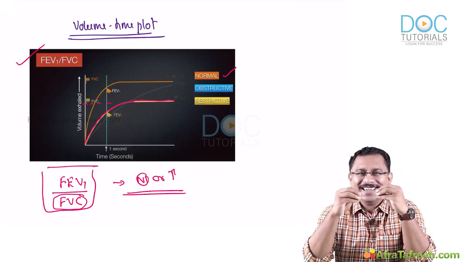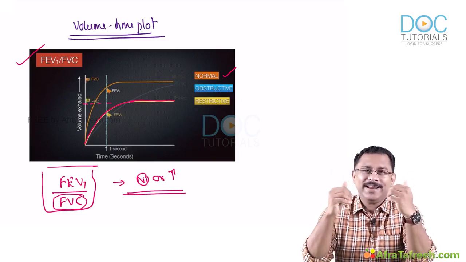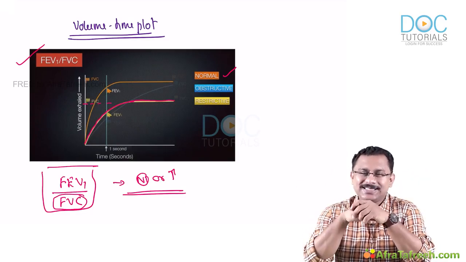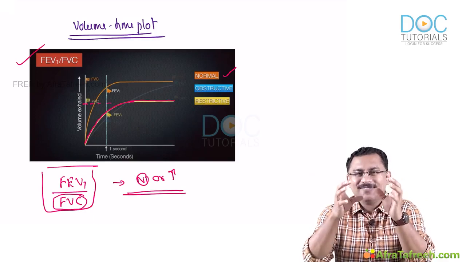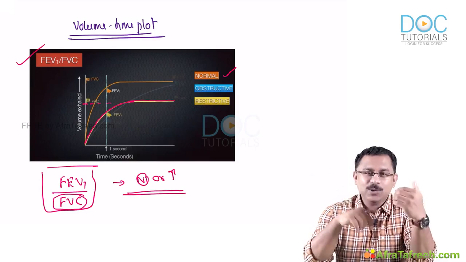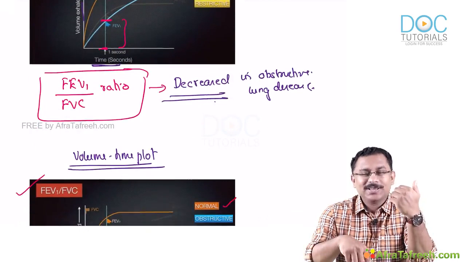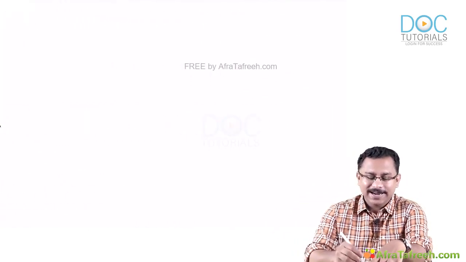So far in this basics of spirometry, we have seen the volume time plots of an obstructive lung disease versus a restrictive lung disease, and we have seen what happens to the FEV1 to FVC ratio as well. In obstructive disease it is reduced. How much reduction is significant depends on the guidelines.